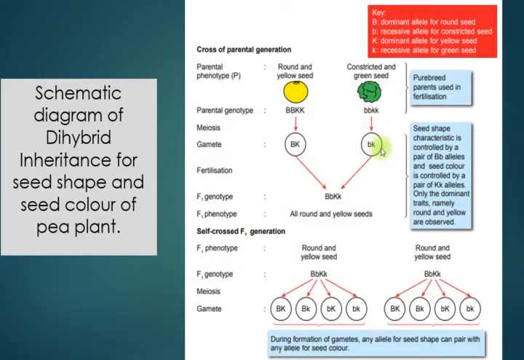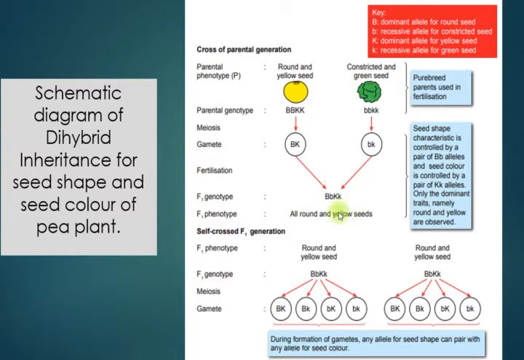Right? Okay, and then what happened after that? Fertilization occurs between the gametes and produces the F1 generation. First of all, you have to write first filial genotype, or F1 genotype.